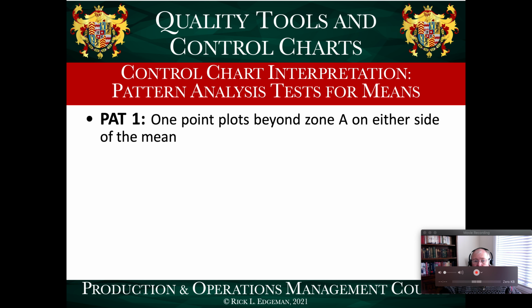So pattern 1: 1 point plots beyond zone A on either side of the mean. What does that mean? It means that you had a point that plotted at least 3 standard deviations away from the center line, so above the upper red line or below the lower red line, a single point. The fewer the points in the pattern, the more jarring the pattern is, the more it's telling you that something significant has happened, quickly and abruptly.